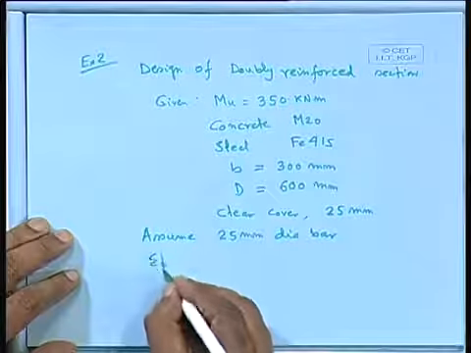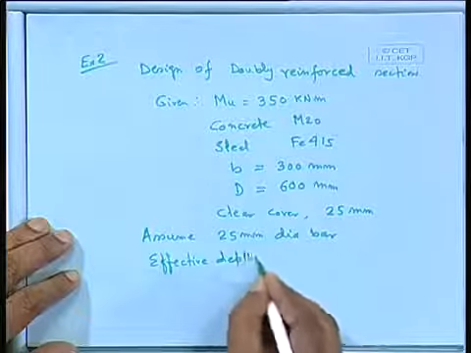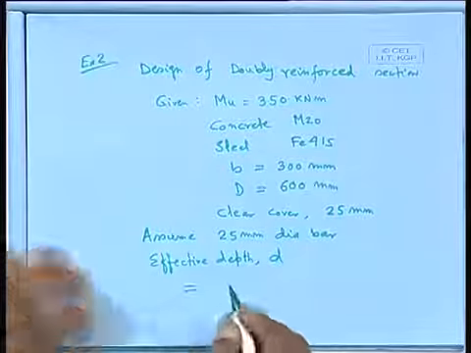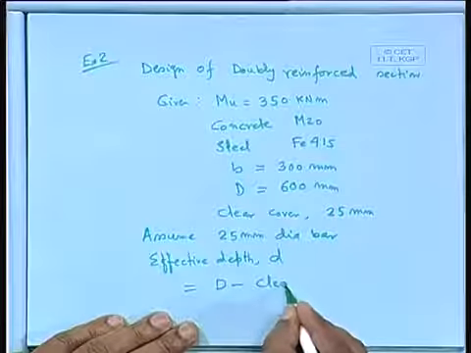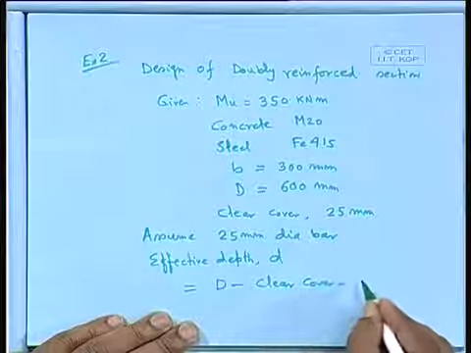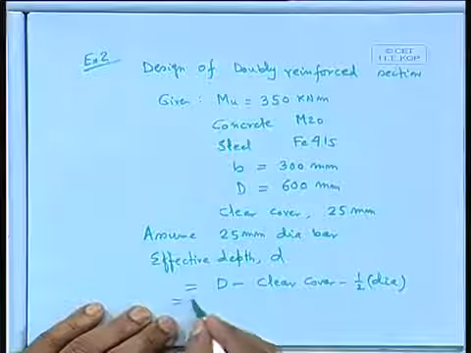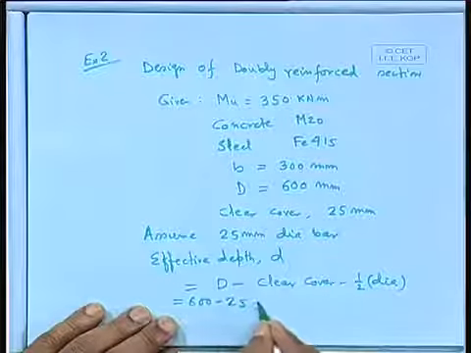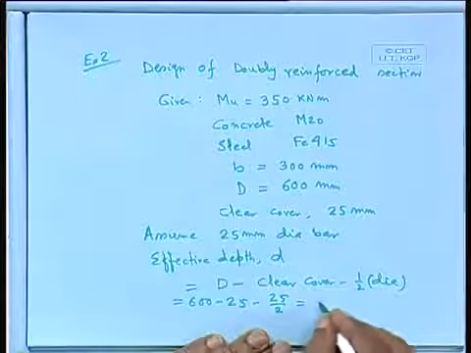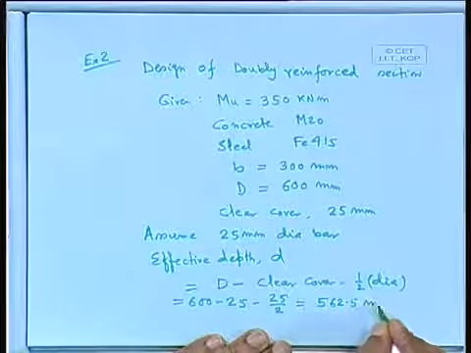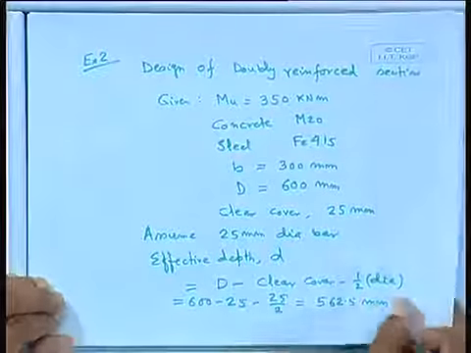So, effective depth d equal to capital D minus clear cover minus half of dia, equals 600 minus 25 by 2, which comes as 562.5 millimeter.